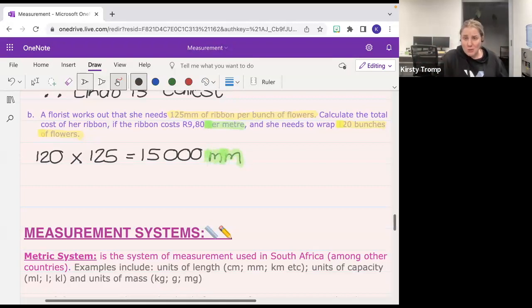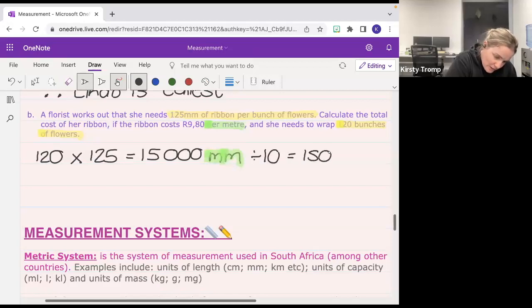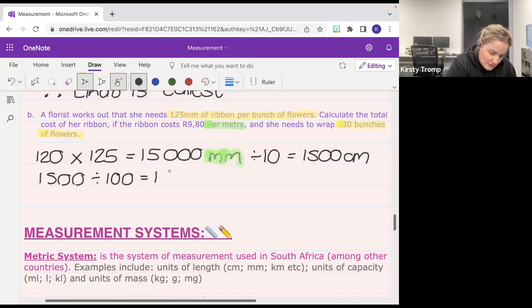Go back to your table. Tell yourself, how am I going to get from millimeters to meters? The first thing I'll do is say 15,000 divided by 10 gives me 1,500 centimeters. And if I take 1,500 and divide that by 100, that gives me 15 meters. So in other words, 15,000 millimeters is the same as 15 meters.